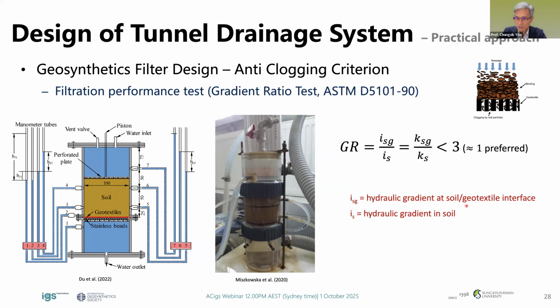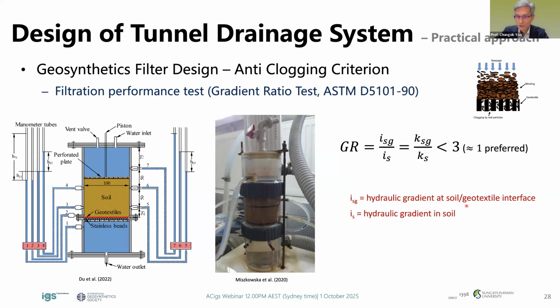As you can see, we simply place soil over the geotextile layer, which is the drainage layer, and apply a vertical hydraulic gradient. The key parameter here is the gradient ratio, which is GR, defined as the ratio of the hydraulic gradient at the soil-geotextile interface to that within the soil itself.